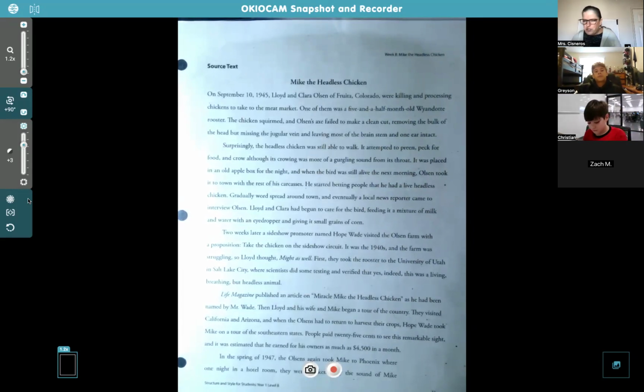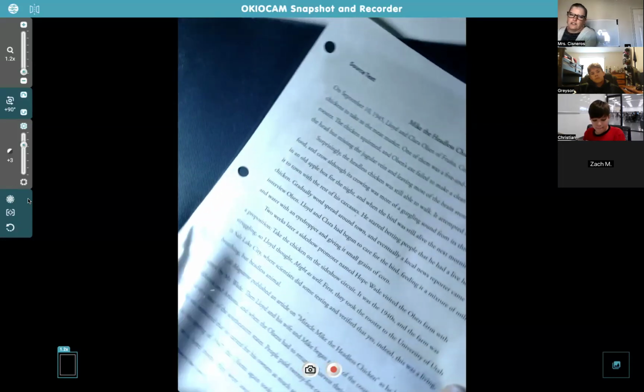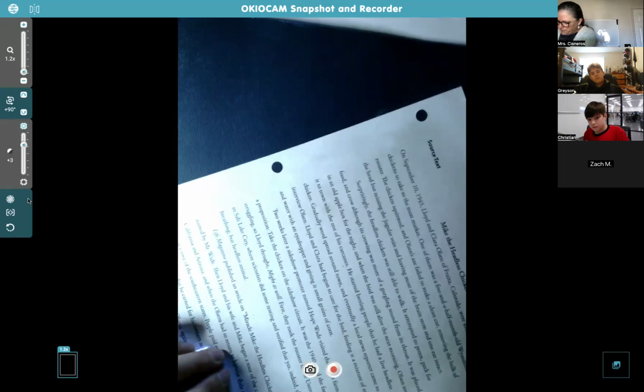So these two paragraphs really talk about who the owners are, right? We talk about who the owners are, the accident that happens, and then how they're taking care of this headless chicken. So in the margin, I'm just going to have you turn your page this way to the side.